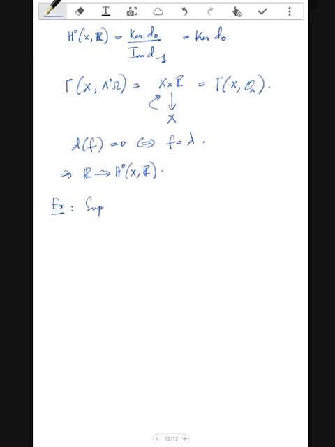Suppose X is a disjoint union of, let's say, finitely many manifolds Xi, each a smooth and connected manifold. I mean, X is a smooth manifold and it's a disjoint union of smooth connected manifolds.